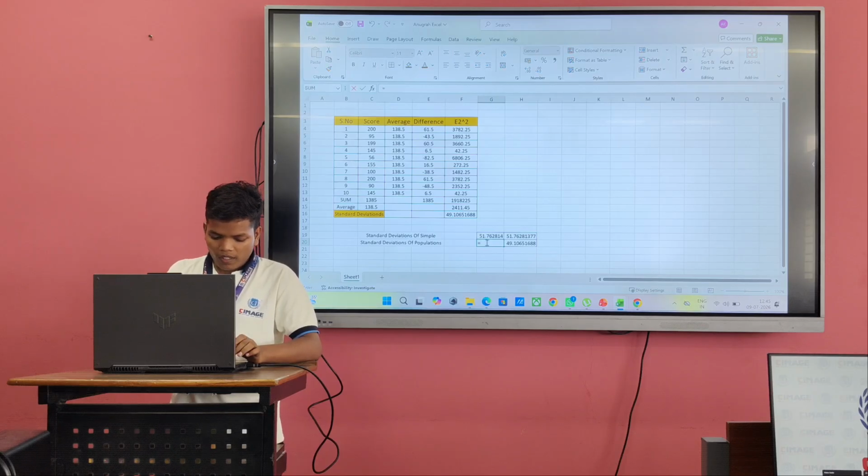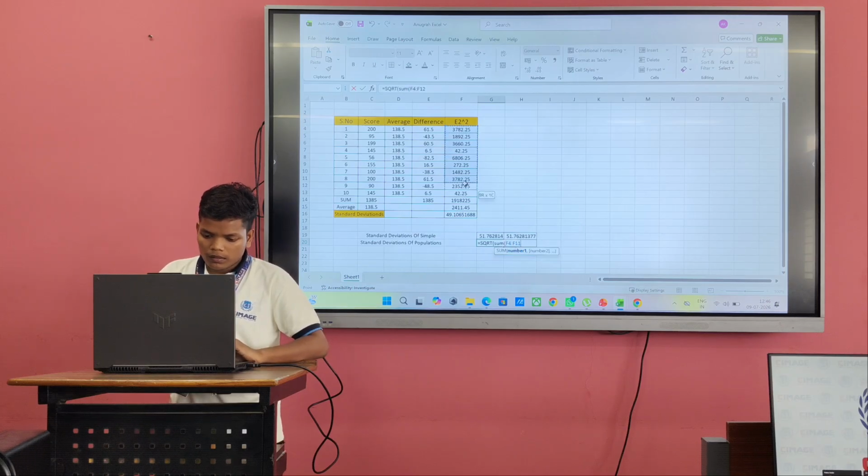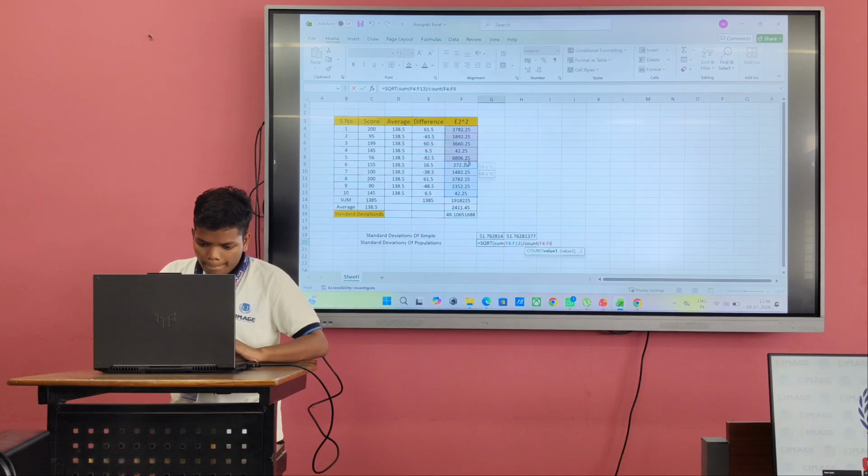Equal to SQRT, SUM, bracket open, bracket close, slash COUNT, select this data.